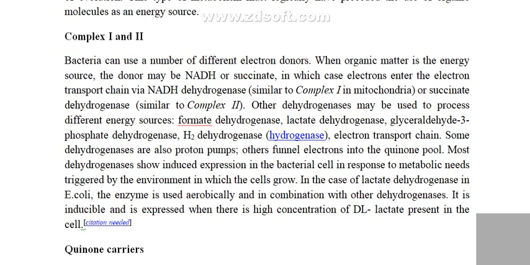So this is complex 1, which is also referred to as NADH dehydrogenase, and complex 2, which is succinate dehydrogenase. These are the two complexes which usually donate the electrons. Also you have other dehydrogenases which use different energy sources, like formate dehydrogenase, lactate dehydrogenase, glyceraldehyde 3-phosphate dehydrogenase and hydrogen dehydrogenase.